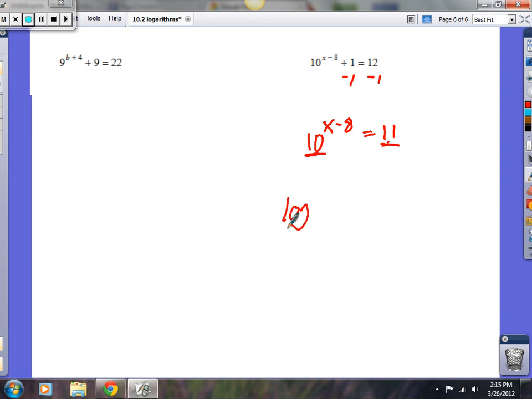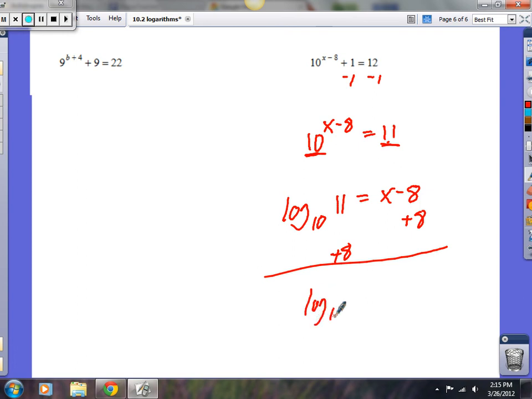Log base 10 of 11 equals x minus 8. Add 8, add 8. So your answer is log base 10 of 11 plus 8 equals x.